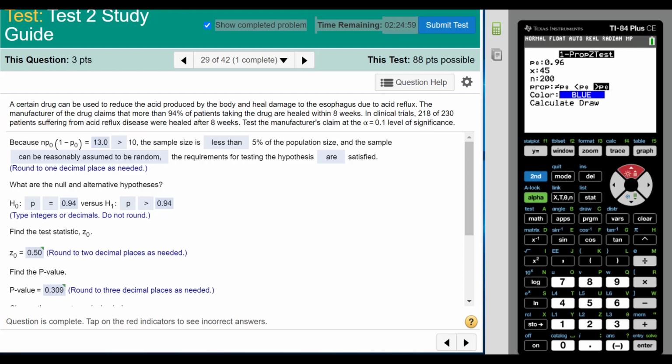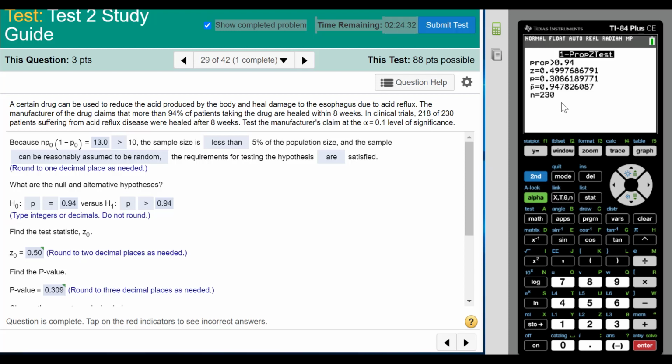So I said earlier 96, but I meant 94%. X is 218. N is 230. P is greater than, the sign from the alternative hypothesis. You always use the sign from the alternative, and then you hit calculate.